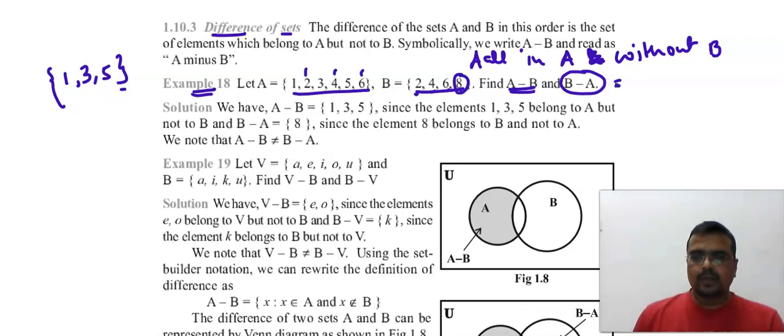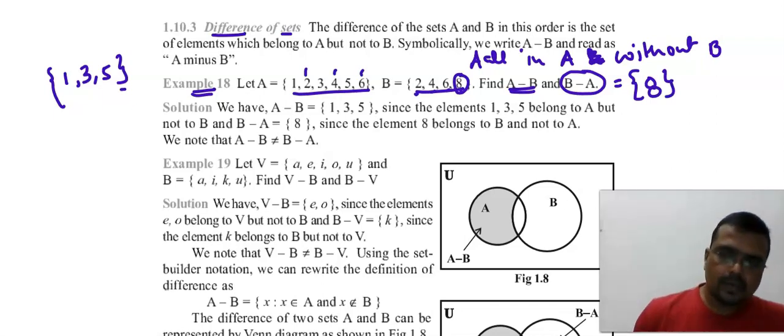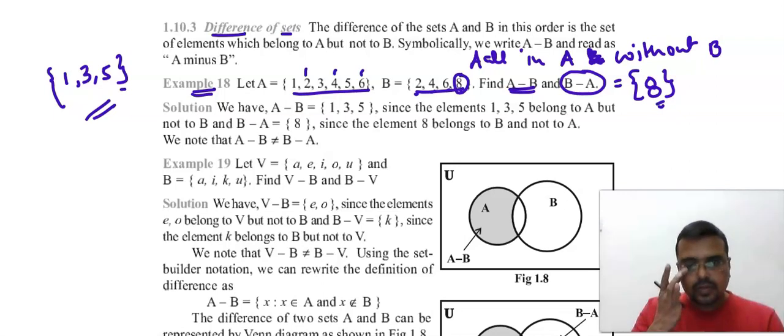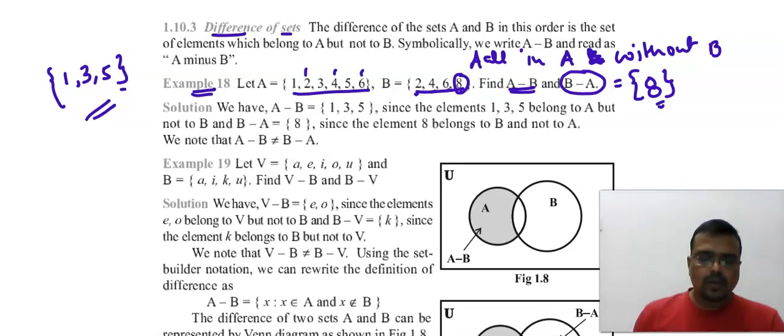So B minus A set would be 8. Again repeating, B minus A means all in B without A. So we could understand here that A minus B is 1, 3, 5 and B minus A is just 8. So A minus B is not equal to B minus A, right? An important result.